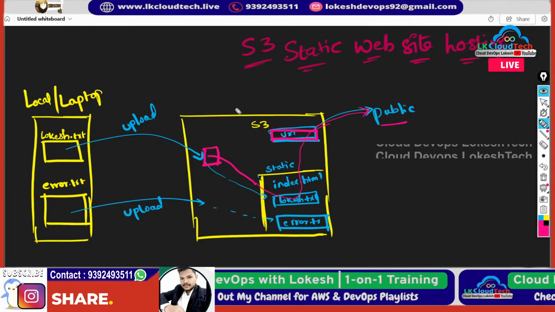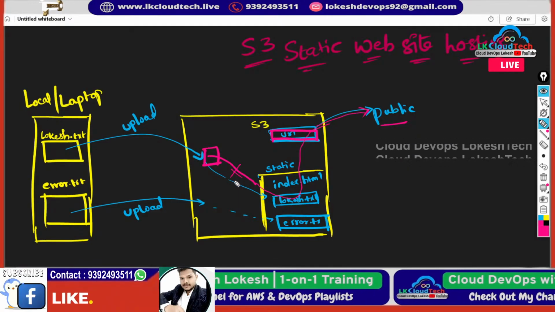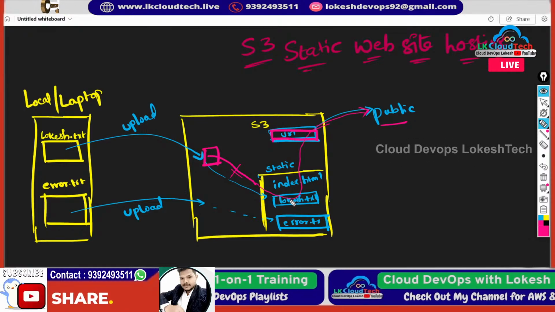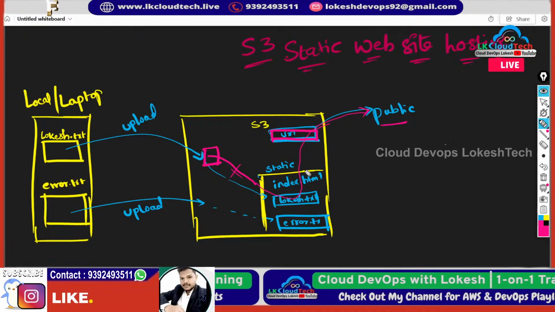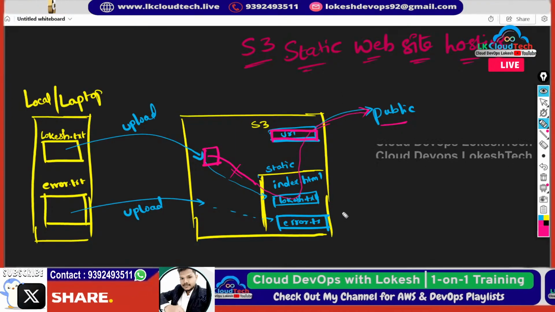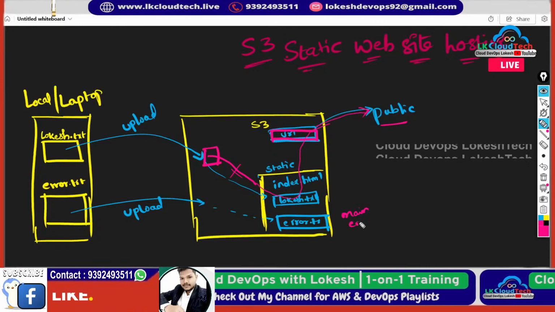Suppose something happens to my main website, or it is under maintenance or down at that moment. Then the website should show that it is currently under maintenance, or that there is some error.